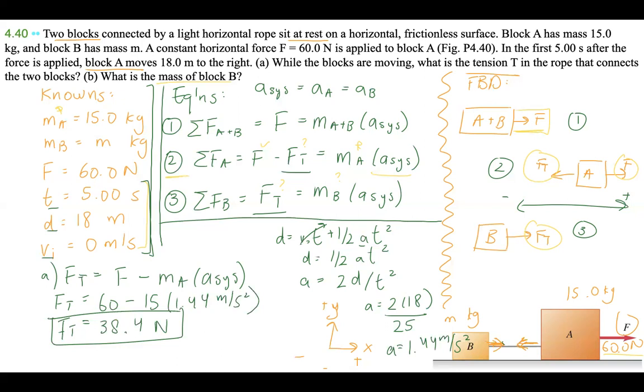What is the mass of block B? So there's really two ways to go about this, and I'm actually going to go about it the more difficult way, just because you can always use parts of your answer that you acquired in the question to help you solve for other parts of the question, right? But if you think about it, let's say this is a test or some sort of evaluation.